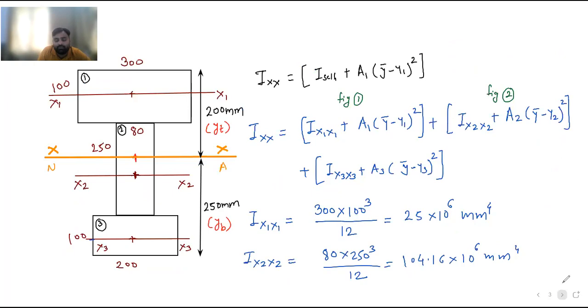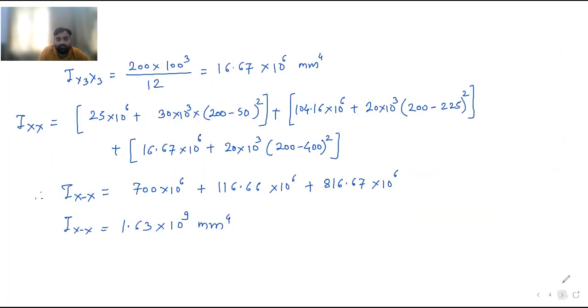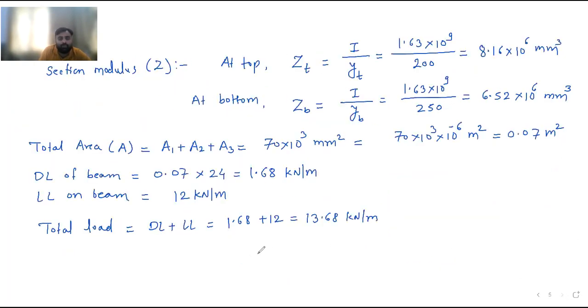So here I will calculate the maximum bending moment, which is equal to WL square by 8, which is 13.68 into 8 square divided by 8.